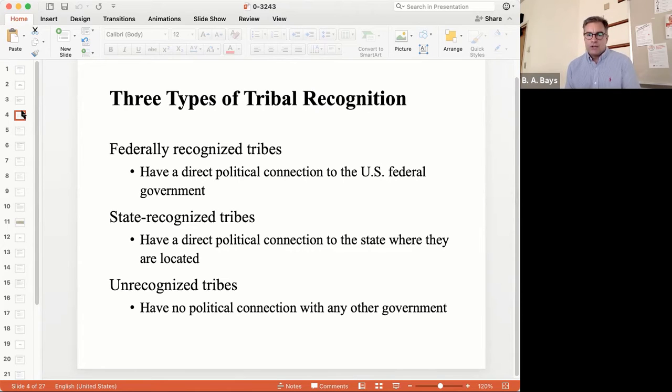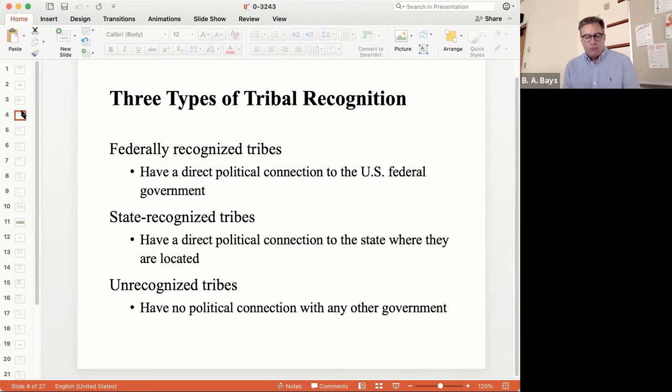Now, there are also state recognized tribes, particularly in the former 13 colonies, the areas where states, or at least the colonies, had made treaties with Indian tribes. There are still a lot of tribes that are seeking federal recognition in those states, relatively small groups of people.